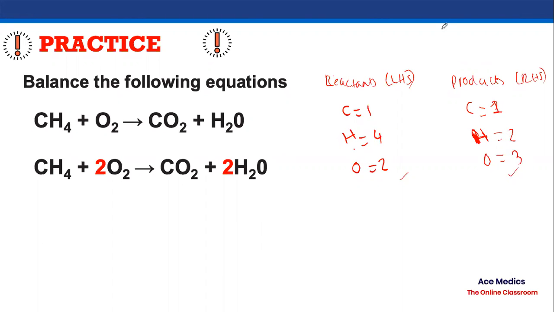Is somebody put? Okay, yeah, excellent. So you guys are getting the hang of this. You have 2 oxygens on the left-hand side and 3 oxygens on the right-hand side, and you have 4 hydrogens on the left-hand side, and then you have 2 hydrogens on the right-hand side.